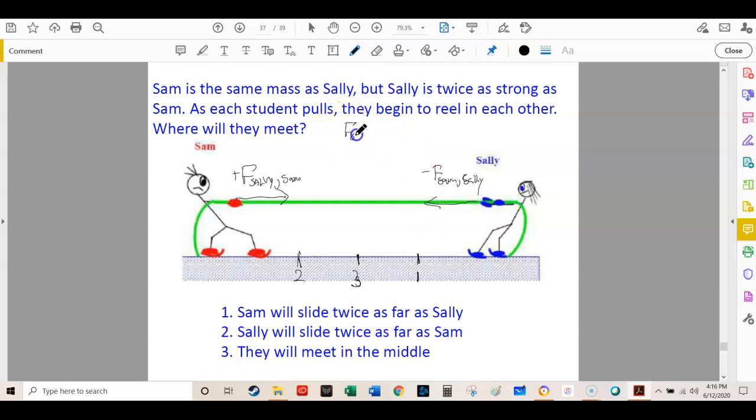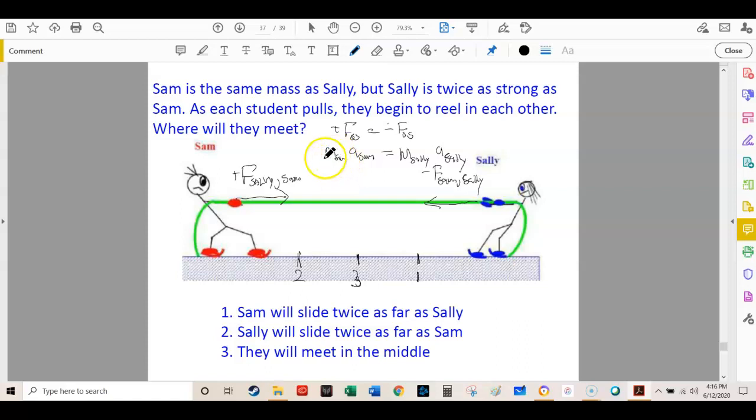So this is the force of Sam on Sally, and this is the force of Sally on Sam. So this same force is equal and opposite. That's going to be equal to Sam's mass times Sam's acceleration, which is equal to Sally's mass times her acceleration, right?